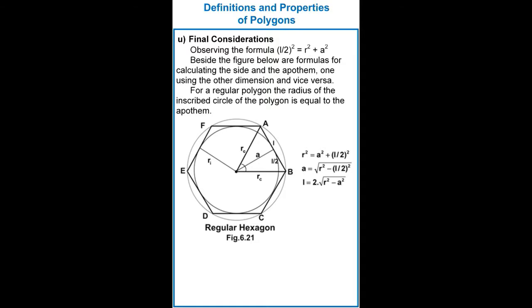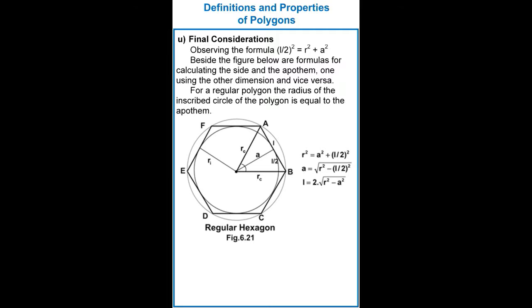Then the square of half of the side plus the square of the apothem is equal to the square of the radius. From this formula, it is possible to calculate the dimension of the side from the dimension of the apothem and vice versa. The calculation formulas are shown on the right side of figure 6.21.